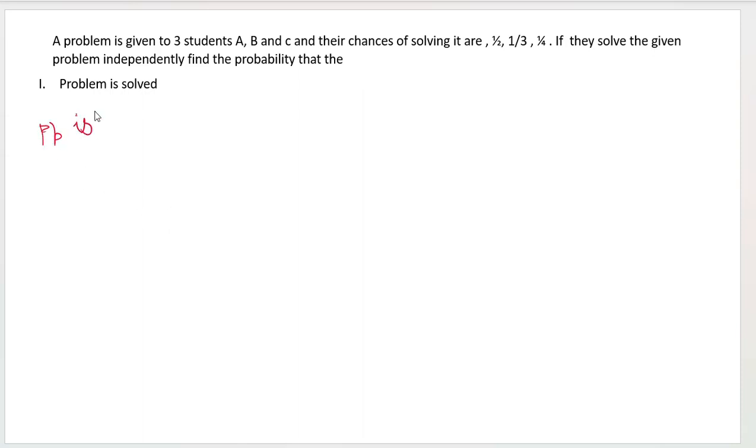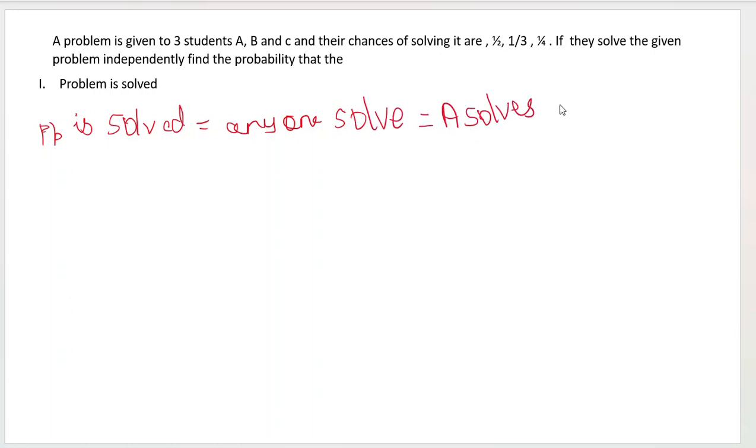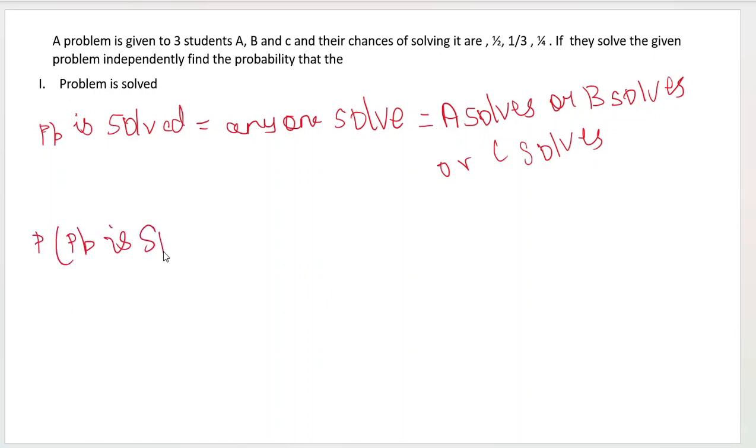Problem is solved is same as saying anyone solves, is same as saying either A solves or B solves. Now why or? Because I don't want both of them to solve. As long as one solves is fine. Or C solves.